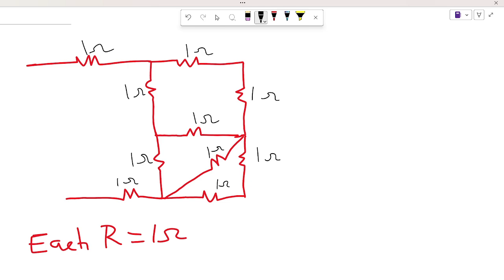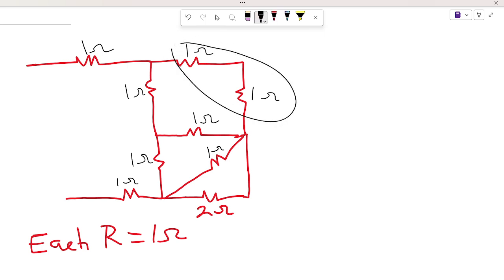So looking at this particular point, as I've mentioned earlier, these two 1 ohm resistors are in series, so we can add them up to get 2. So we can reduce that portion of the circuit and just label it as 2. So now we've added them to get 2 ohms. And similarly, this part, these two resistors are also in series.